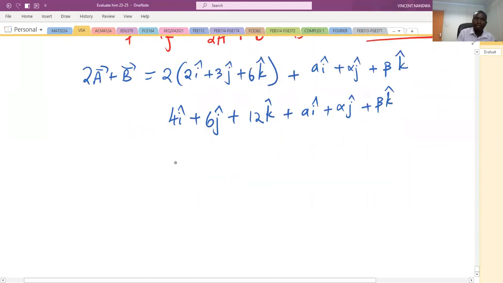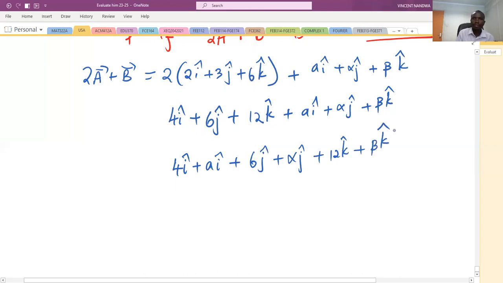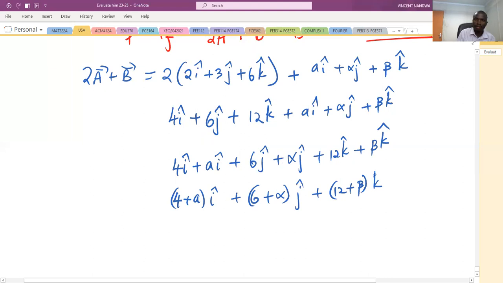Then we have 4i plus ai, plus 6j plus alpha j, plus 12k plus beta k. So this would be (4 plus a)i, (6 plus alpha)j, (12 plus beta)k.